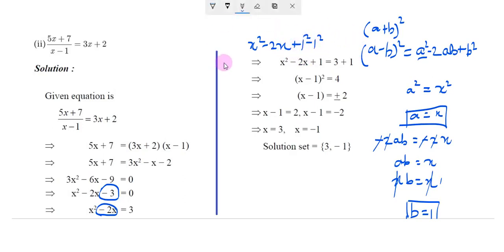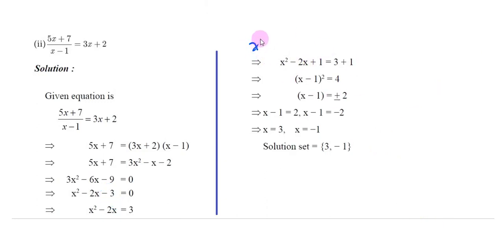Here in the previous sum, I have taken the same model to the right side. Left side, both are the same. Wherever you want, you may take. So x square minus 2x minus 1 square plus 1 square equal to 3 plus 1, equal to 3.